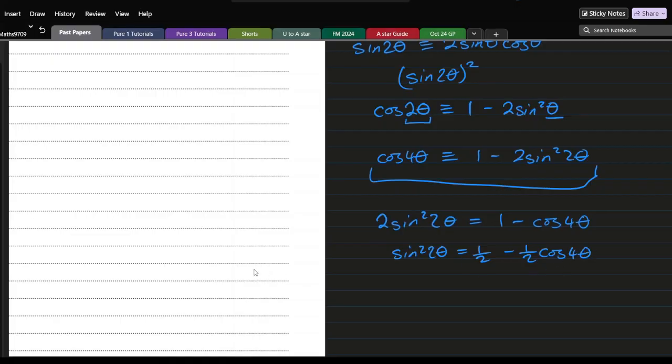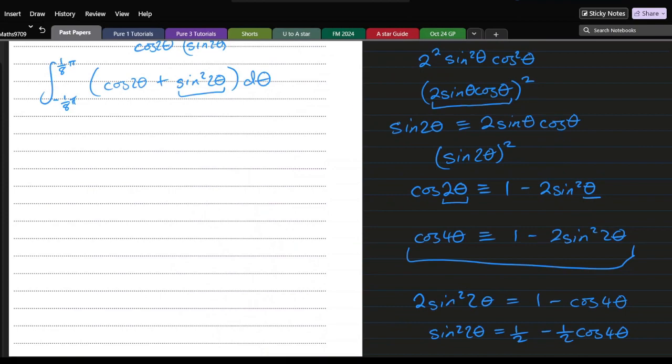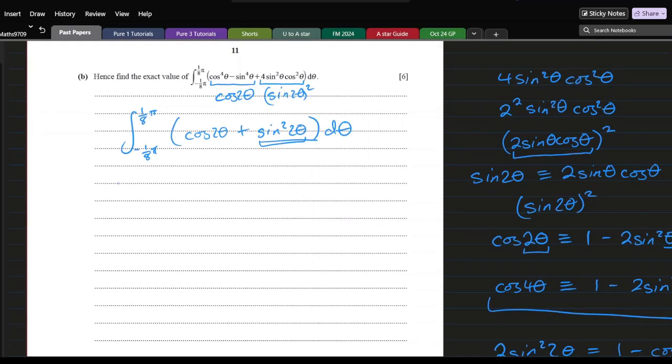Alright, so what this means is that we can substitute our sine squared 2 theta with half minus half cos 4 theta. And so this becomes the integral from negative 1 over 8 pi to 1 over 8 pi of that cos 2 theta plus 1 over 2 minus 1 over 2 cos 4 theta, and this is all with respect to theta.